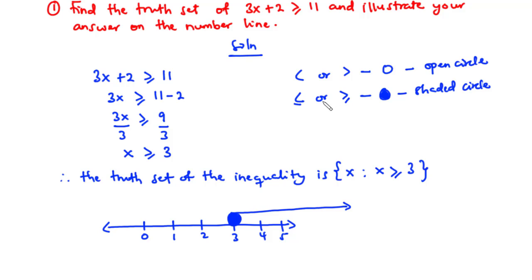So note the difference. So this is how to solve or find the truth set of a linear inequality, and also illustrate your answer on the number line. Now let's move on to the second question.